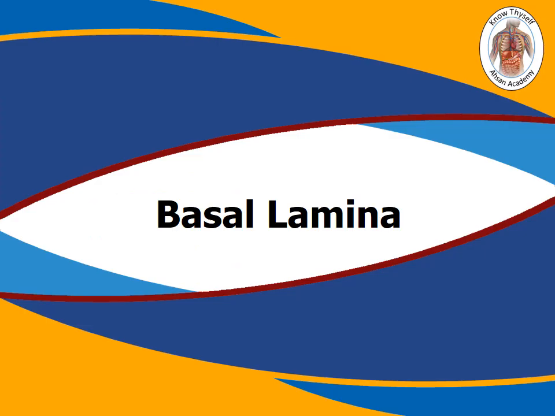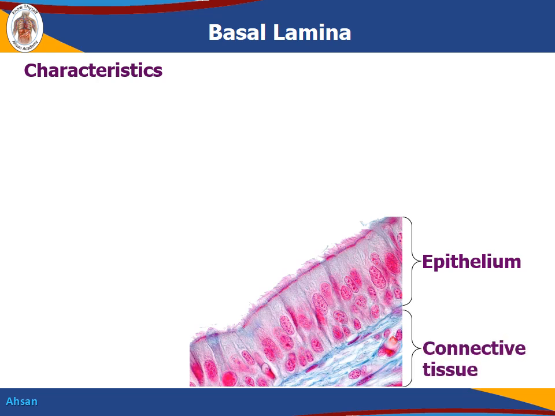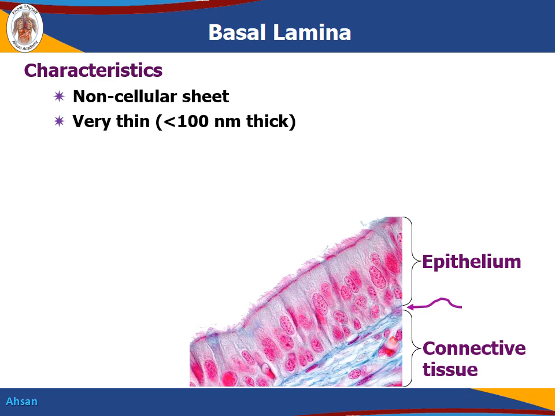As shown, let us discuss the structure of the basal lamella. You see, the epithelial cell rests on a non-cellular membrane. This is epithelium, and this is connective tissue deep to it, and in between there is a very thin sheet shown by the arrow. It is a non-cellular sheet on which the cell rests, and it is very thin.